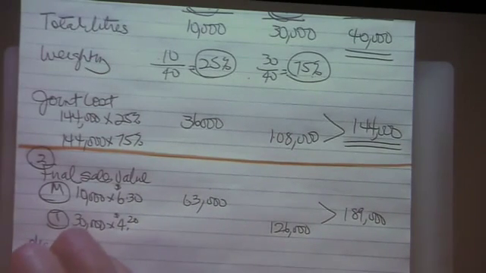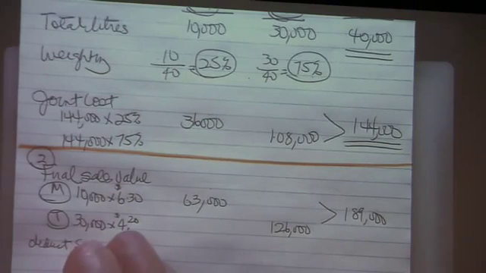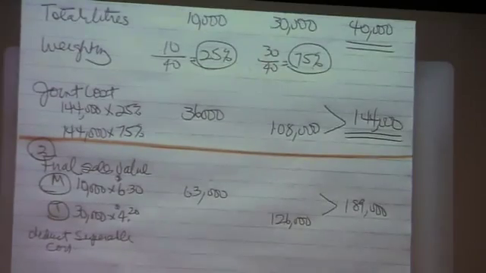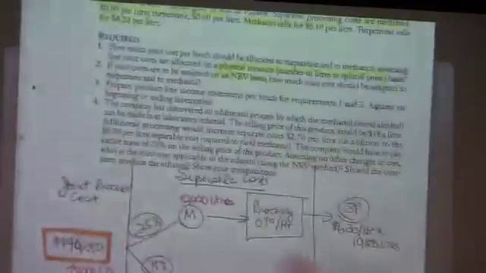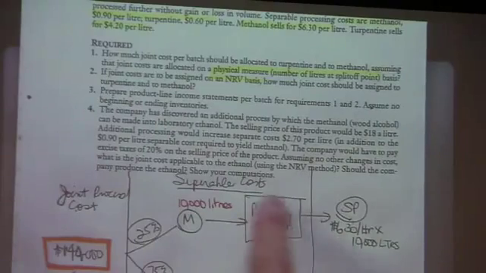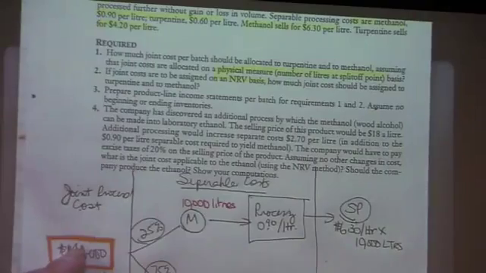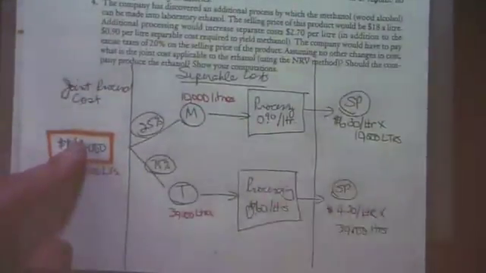Then we're going to deduct the separable cost. And what would the separable cost be? Well, we require an extra 90 cents per liter for processing M to get to that final sales product. And similarly, how much is this one? This is 60 cents per liter of processing.